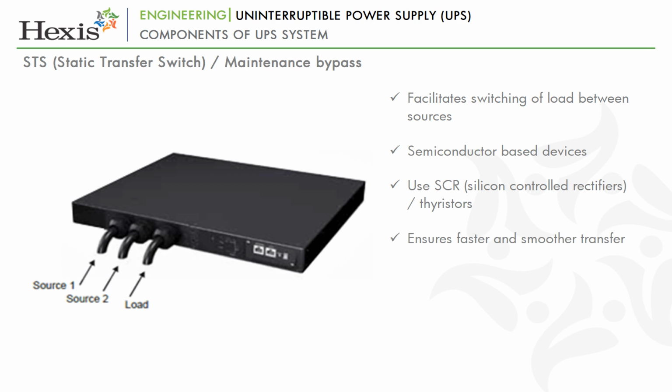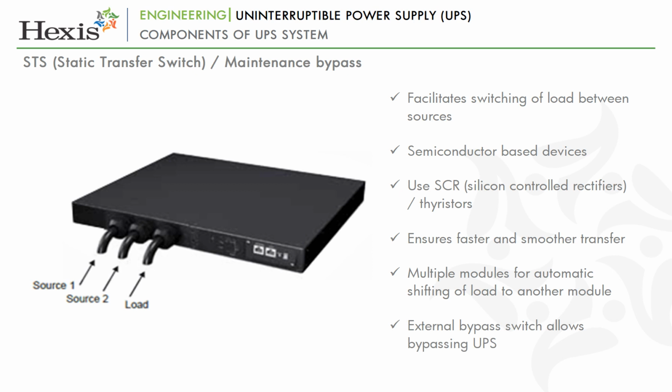Since there are no moving parts, the transfers are faster and smoother. An STS in a UPS system comprises multiple modules which allow automatic shifting of load to another module in the event of failure of one module. It also includes an external bypass switch which allows for bypassing the UPS for maintenance.